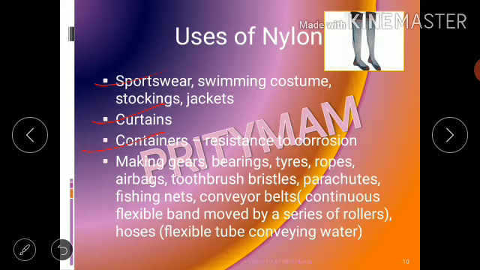Its strength and resistance to wear and tear makes it suitable for making gears, bearings, tires, ropes, airbags, toothbrush bristles, parachutes, fishing nets, conveyor belts, etc. And hoses also. Conveyor belts are continuous flexible bands moved by a series of rollers. And hoses are flexible tubes for conveying water.